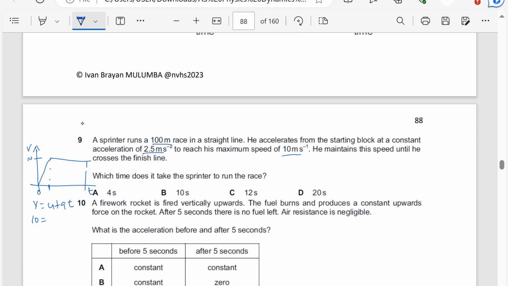So the initial velocity is 0, and this is times the acceleration, which is 2.5 times t. So the time here is automatically 4, since 10 divided by 2.5 is 4. If the total time is t, then the time it takes here is going to be t minus 4.